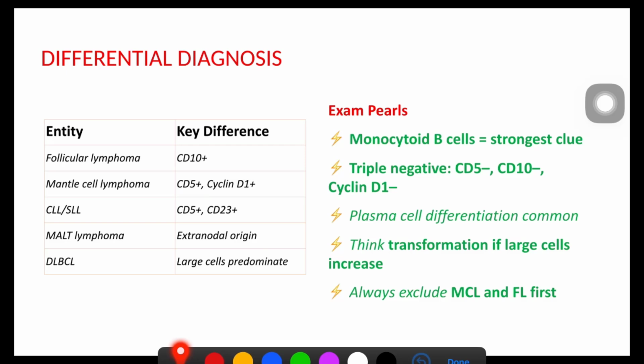Follicular lymphoma is CD10 positive, mantle cell is CD5 positive and cyclin D1 positive. So whenever you find monocytoid B cells that are triple negative, CD5, CD10 and cyclin D1 negative, with plasma cell differentiation if seen, and transformation if large cells are increased, always exclude mantle cell lymphoma and follicular lymphoma first before you stamp it as NMZL.